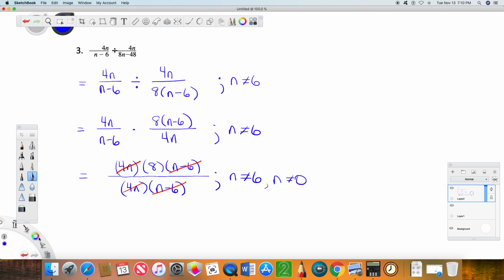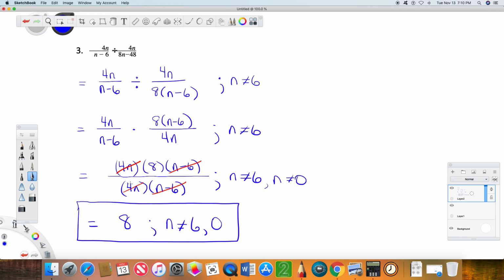So our final answer is 8, because 8 divided by 1 is just 8. Now, it would never reduce to 8 if we didn't have these restrictions to guarantee that n cannot be 6, and then it cannot be 0. So here's our final answer.